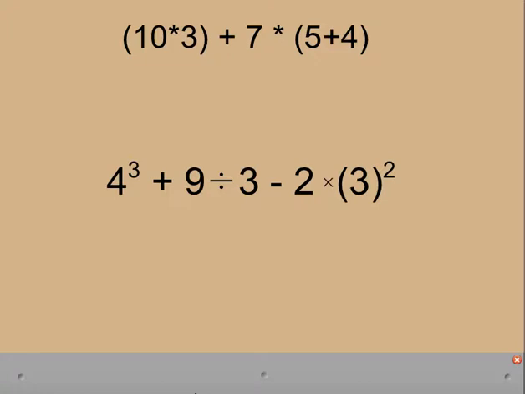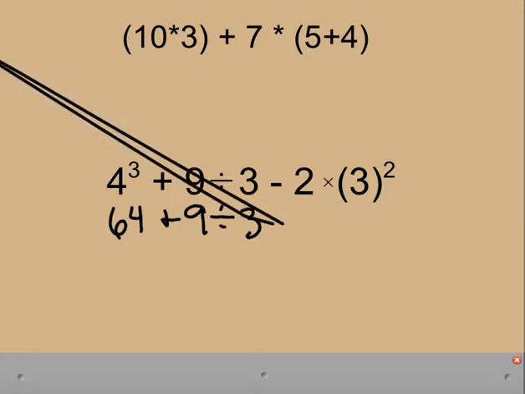So I'm going to do 4 to the third first, and we get 64 plus 9 divided by 3 minus 2 times, well, 3 squared is 9. Then we look and see if we have any multiplication or division, and we do. We have both, so we go left to right. So we do 64 plus, well, 9 divided by 3 is 3.